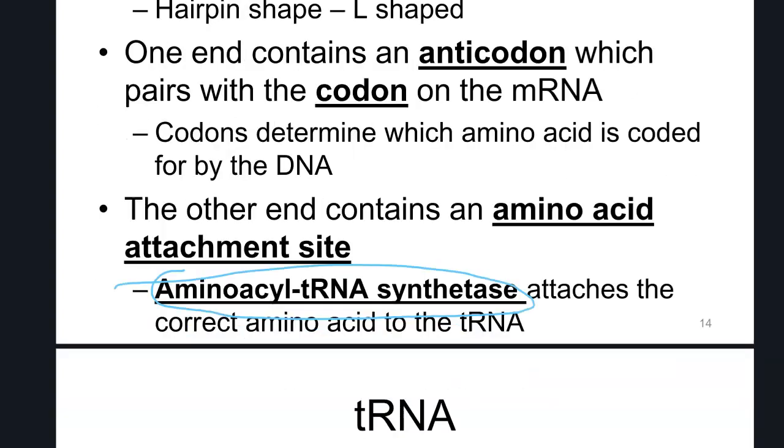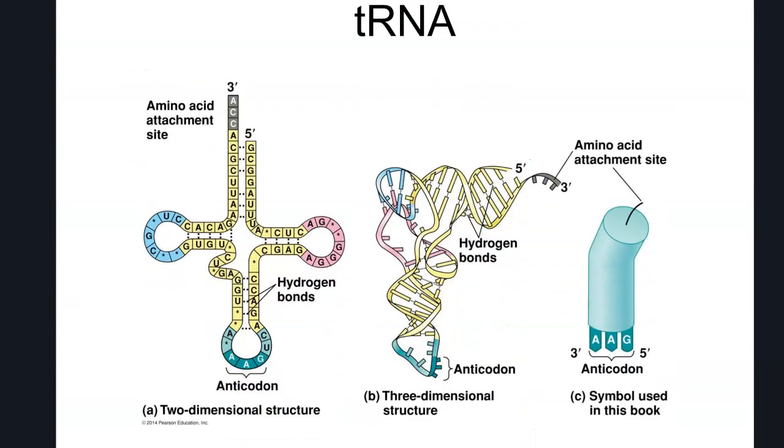And the job of that is simply to take this tRNA, find whatever the triplet codon is, find the amino acid that is complementary to that, and go ahead and attach to it.